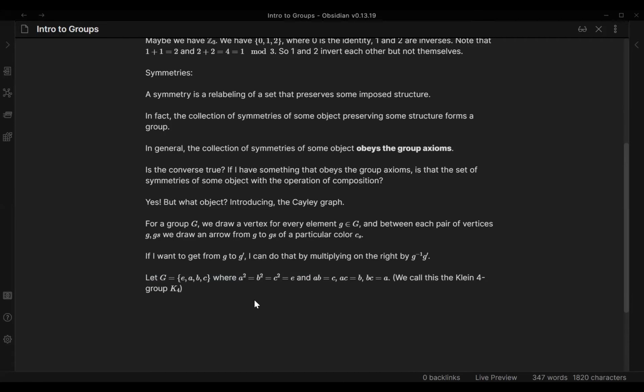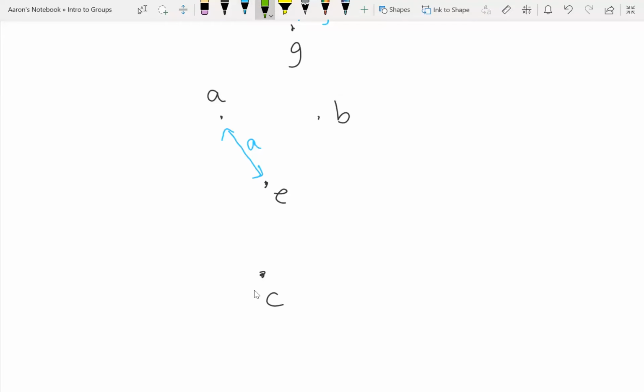So A and the identity go back and forth by A. Likewise, B and the identity go back and forth by B, and C and the identity go back and forth by C.